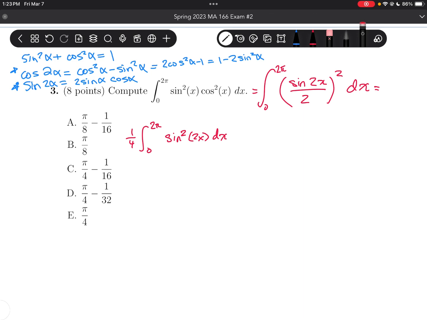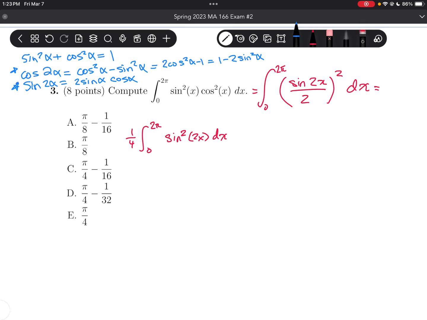So all 4 of these statements, cosine 2 alpha, cosine squared alpha minus sine squared alpha, 2 cosine squared alpha minus 1, and 1 minus 2 times sine squared alpha, are equal, which is very convenient for us. And the identity we want to use in this case is the identity that relates sine squared alpha to cosine 2 alpha.